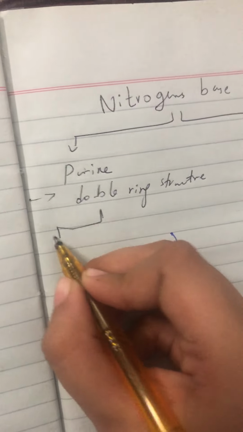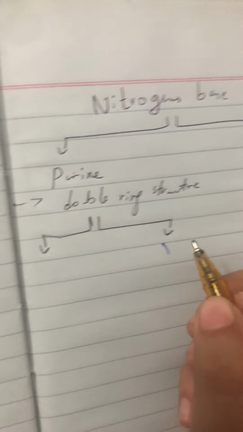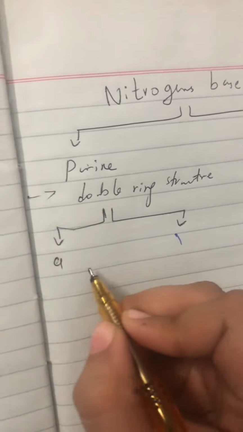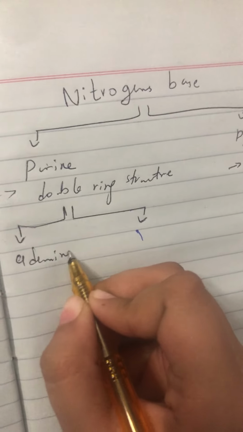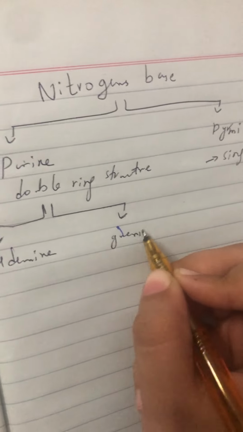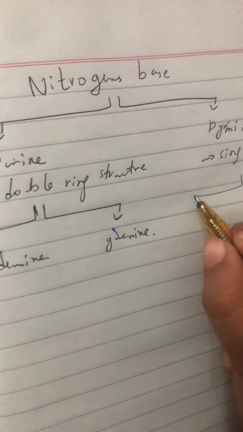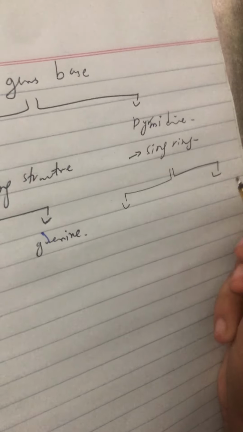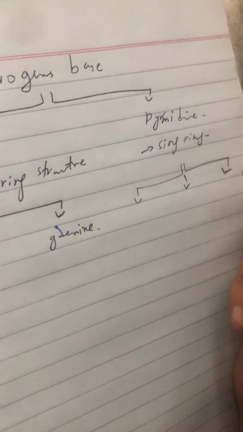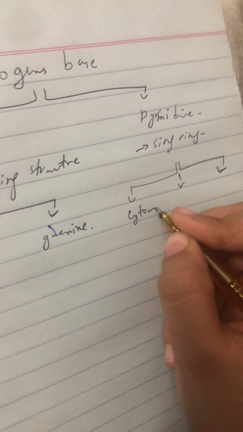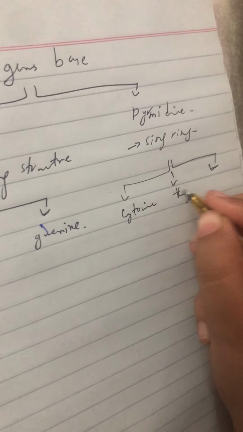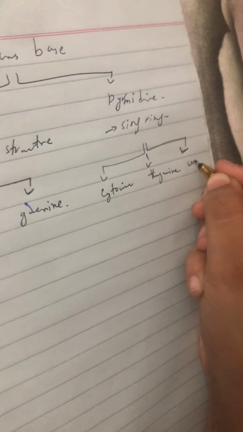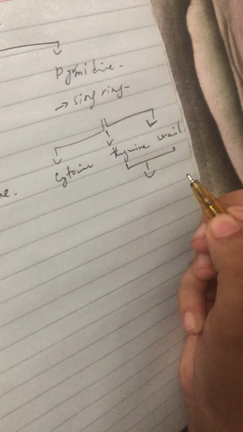In purine, we have two bases called adenine and guanine. And in pyrimidine, we have three: cytosine, thymine and uracil. Here thymine and uracil are replaceable.